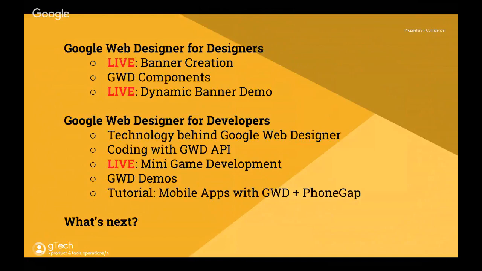And then finally, most of you might not know, but together with Adobe PhoneGap, you can also easily create real mobile native apps with Google Web Designer and PhoneGap. I will give you a quick tutorial how to do this. And then finally, what's next? A little bit of a preview about the next version of Google Web Designer, which will be released within the next 2 or 3 weeks. Yeah, that's the agenda for today.